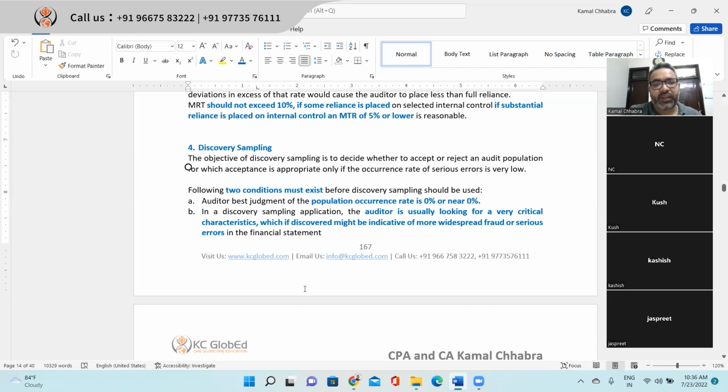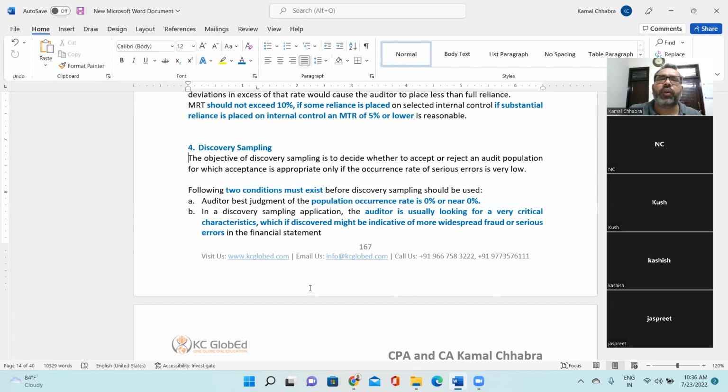For which acceptance is appropriate only if the occurrence rate of serious error is very low. That means when you are downloading the data and doing all the cleaning up activity, and after that you put that data into the tool.